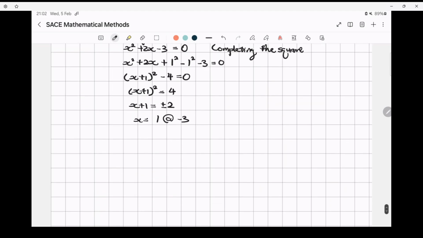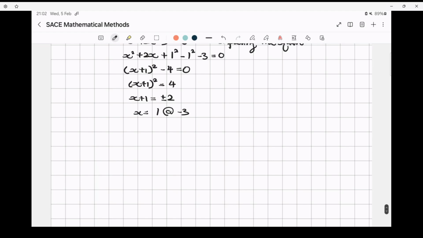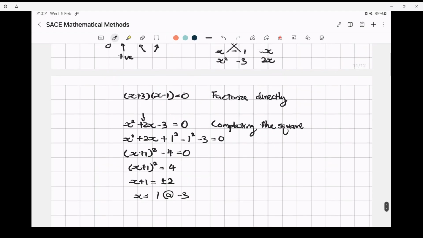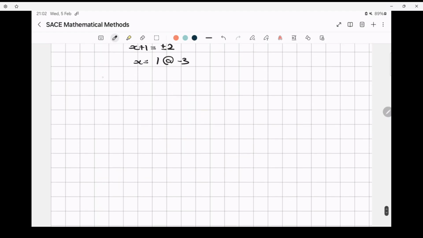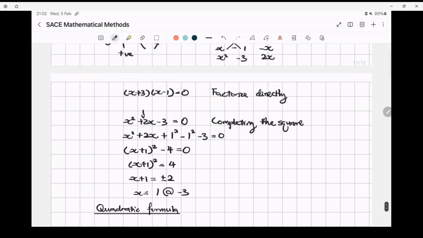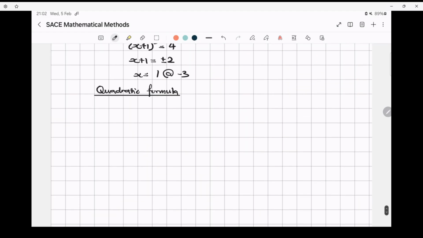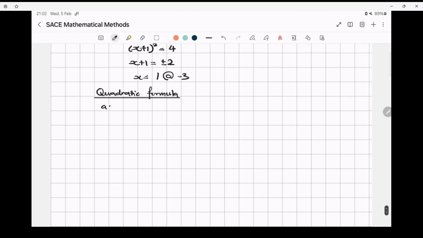So now how do we derive the formula? Let's look at the formula. We begin with ax squared plus bx plus c equals 0.